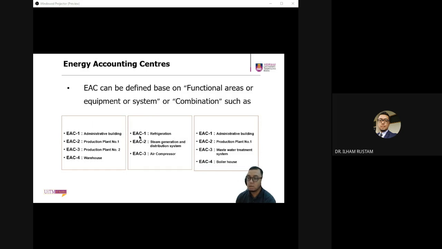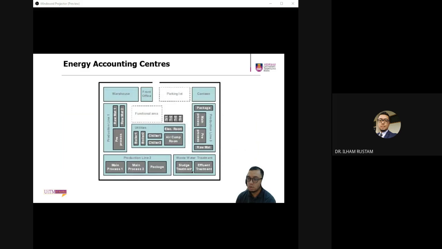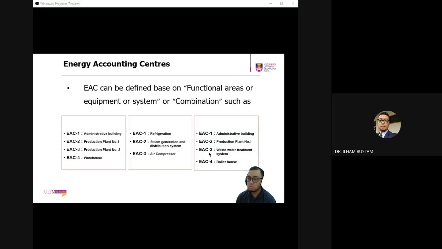It's just that this one uses the system to decide that as EAC2, because the wastewater treatment system is just one whole area. So I don't see the difference between this one and this one. Am I right? Oh yeah, combination.